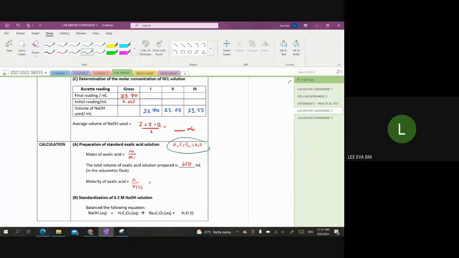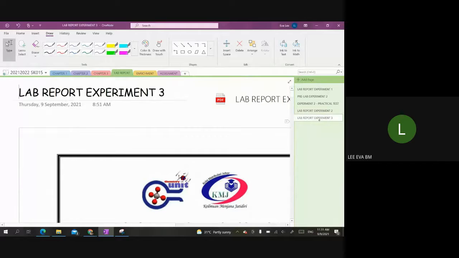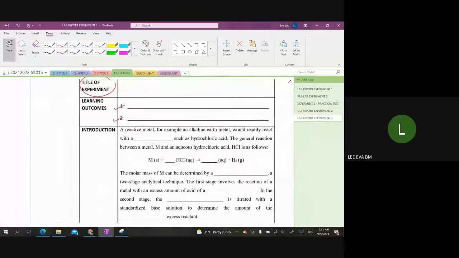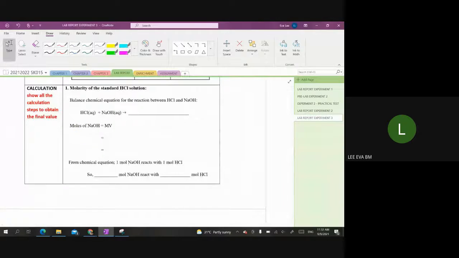Tapi tak ramai yang cari molar mass oxalic acid yang 90. Padahal dia adalah 126. Okay. So please pay attention. Jawapan ada dekat Google Classroom lah kalau awak nak rujuk balik.